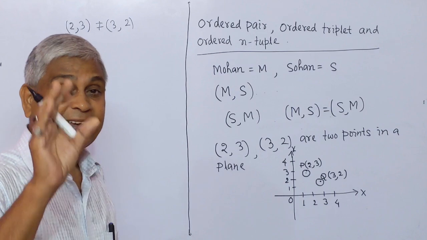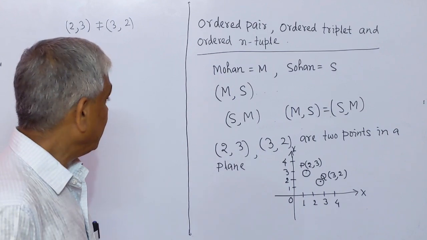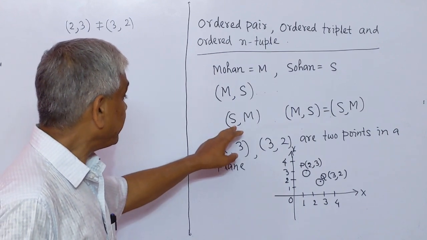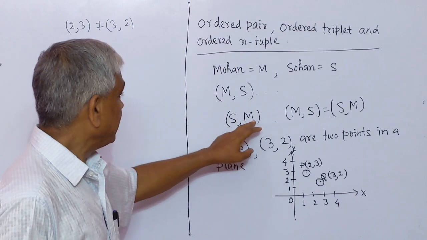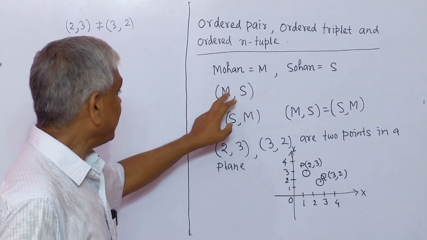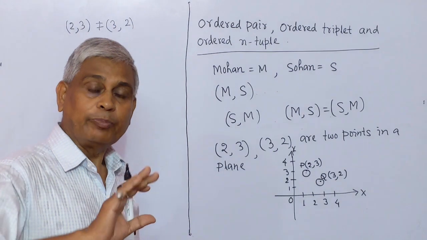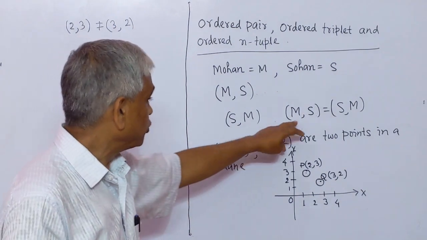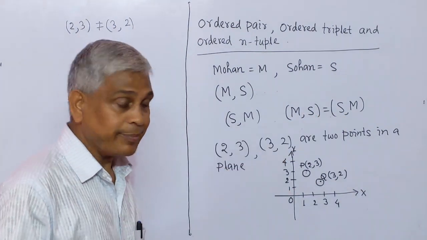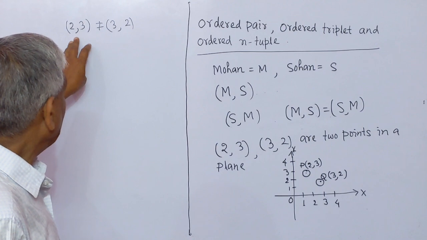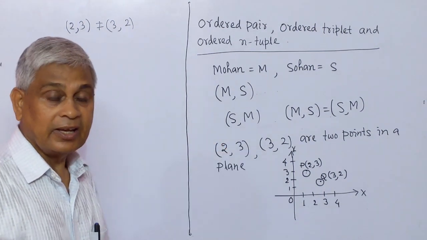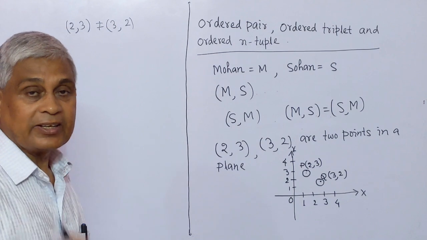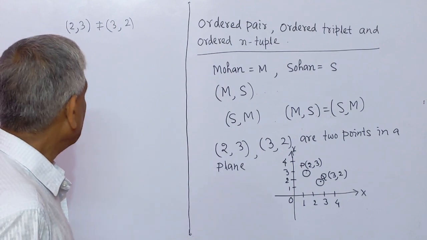So order is important here. Here order is not important. Here M after S, here S after M, but both are the same. Both pairs are the same, but here order is important. If order is changed, then the two pairs are not the same.